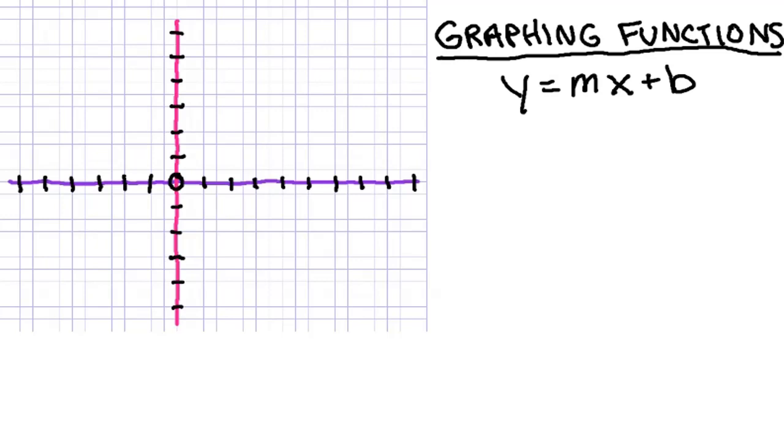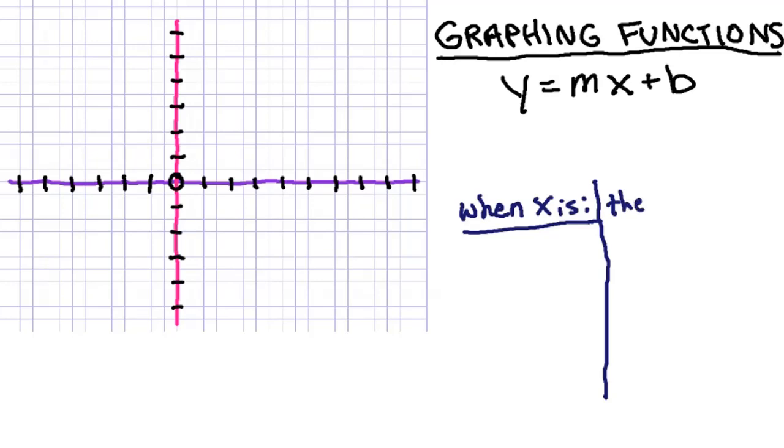Now, when we do something like that, when x is blank, and you plug in the numbers, then y is something, and you choose numbers to plug in to the x to get an answer of what y could be, what we call doing that is a function.